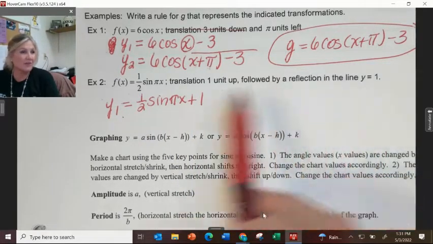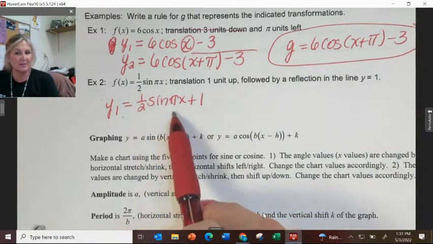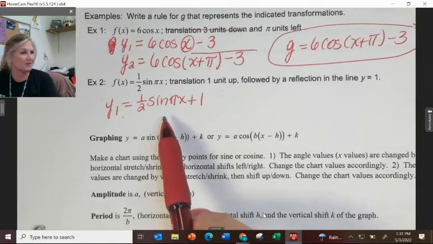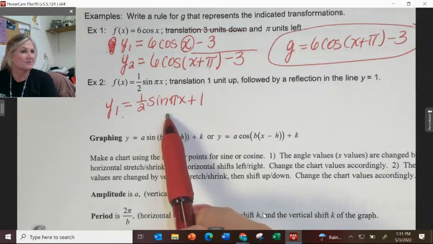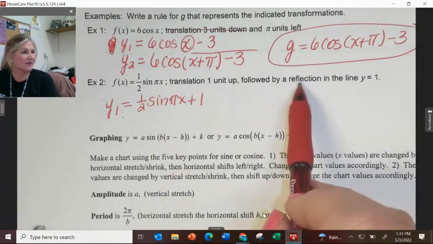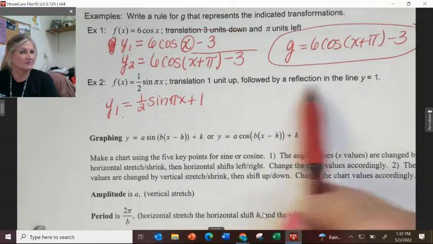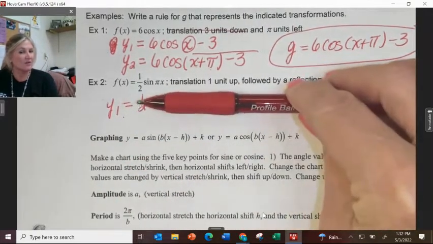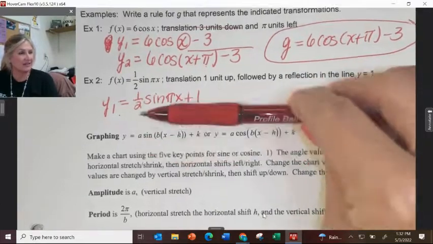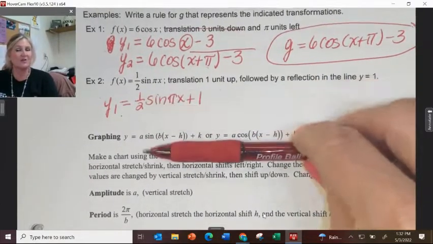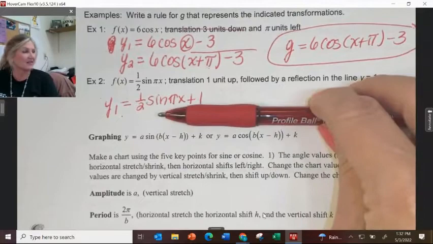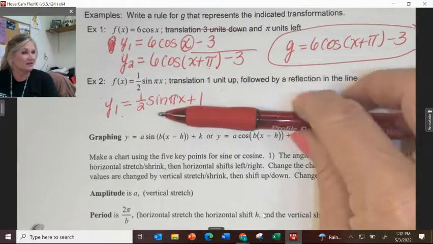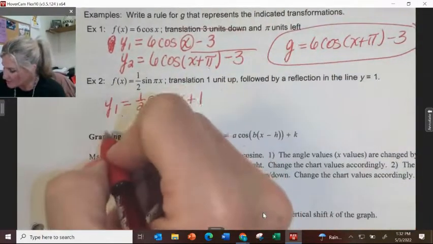And we may not get this right at first. We're going to check it on the calculator. But what do you think we might want to do? How do we do a reflection? Usually just over the x-axis, because the line y equals 1 is parallel to the x-axis. So how do we do a reflection over the x-axis? Okay, so there's 2 options here, guys.